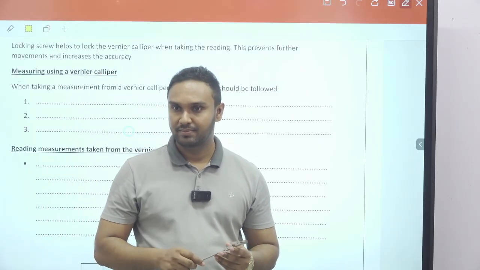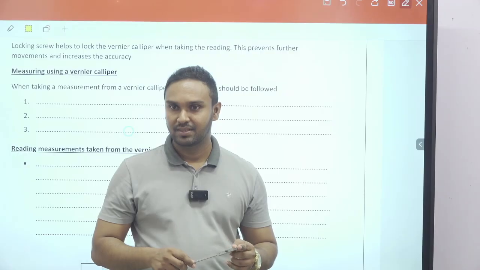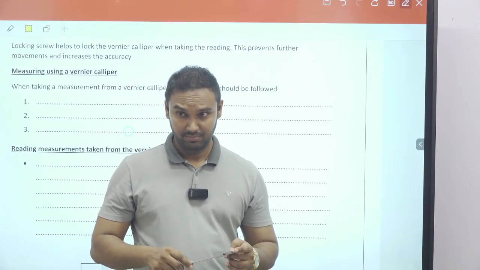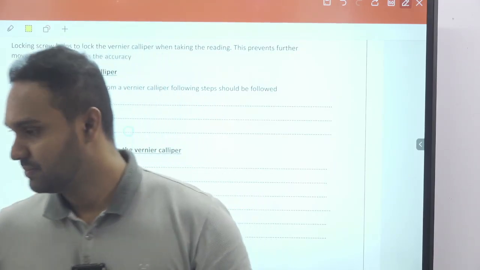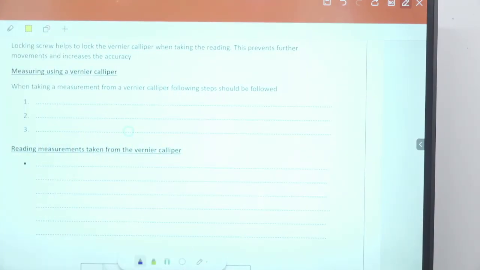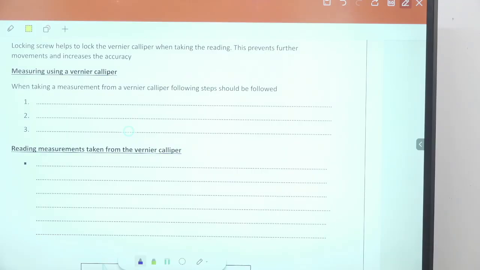Now how many lines? 10 vernier lines. For sure? Shall I check? Show me. 1, 2, 3, 4, 5. Yeah, that's 10.